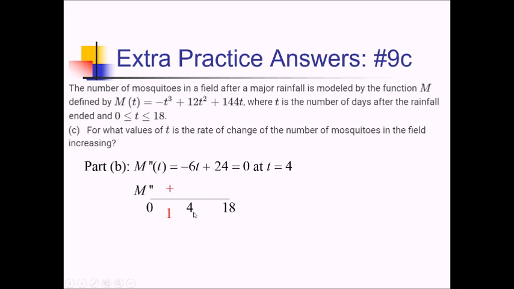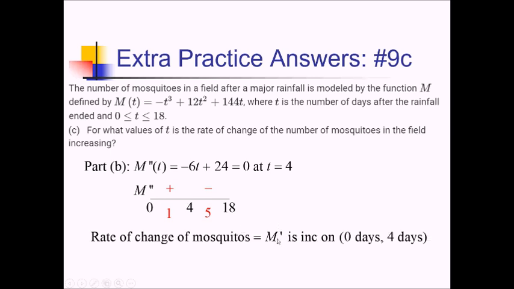A number bigger than 4, how about 5? That's going to be negative 30 plus 24, which is negative. And we see here, since m double prime is positive from 0 to 4, that means m prime is increasing on the interval from 0 to 4. So the rate of change of mosquitoes, m prime, is increasing on 0 days to 4 days.